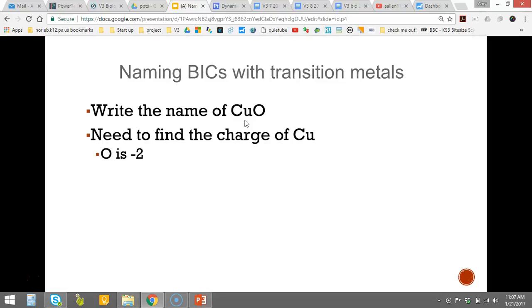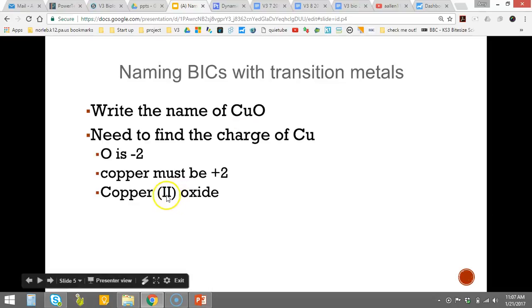Think now about what you would have to have in order to make this neutral. How many positives would you need to make this balance out to be 0? Of course, that means you would need +2. So copper has to be a +2, which makes the name of this compound copper(II) oxide. We use the Roman numeral for 2 to indicate the transition metal charge.